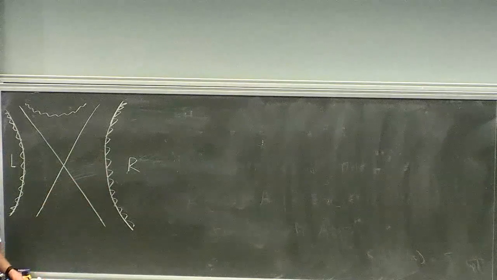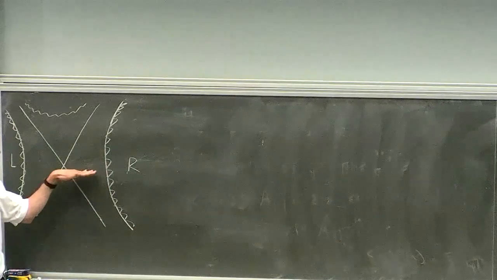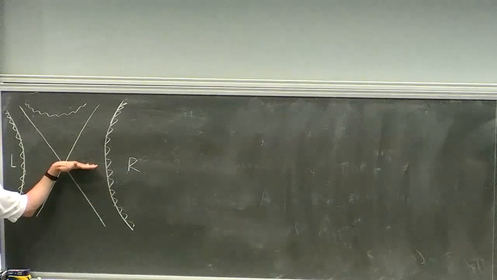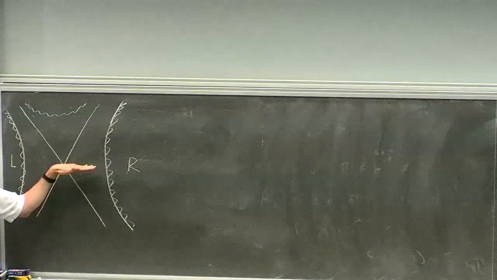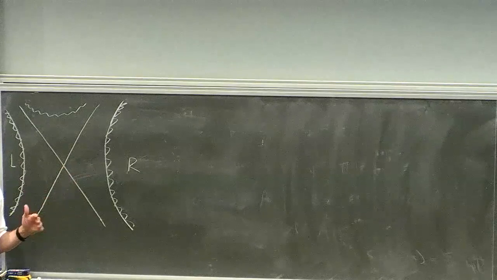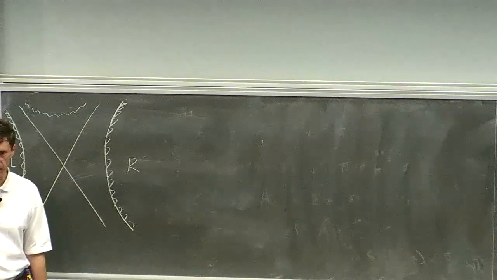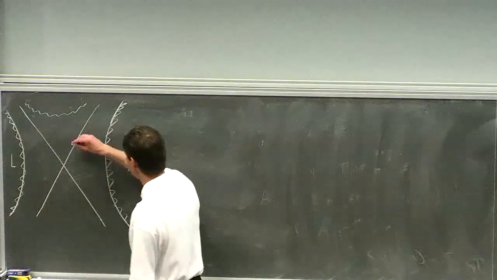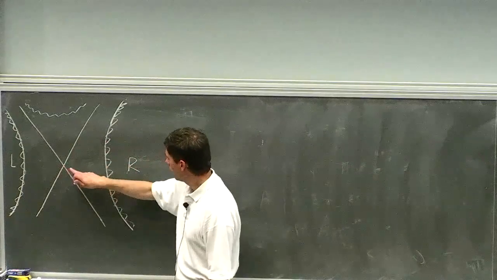There are two different ways to describe what's happening here in this region, and they give different answers, and we need to reconcile them somehow. One way is the semi-classical one.